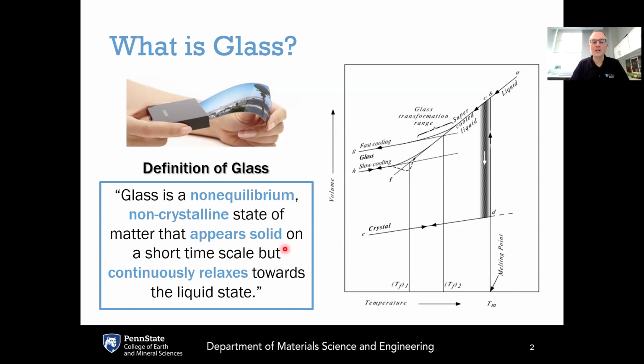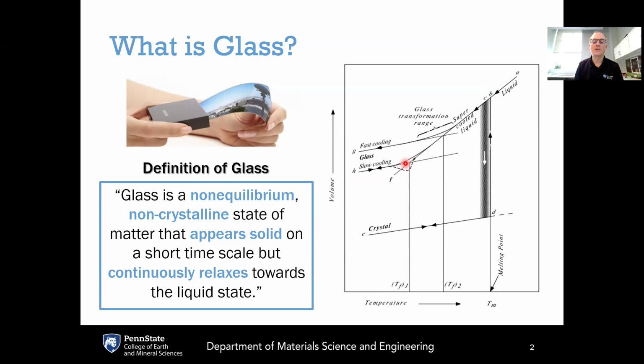So that's what it means by saying that it appears solid on a short time scale, but it continuously relaxes towards the liquid state. If you wait long enough, if you give the system enough time where the kinetics can actually happen, over a very long period of time the structure of the glass will rearrange itself to approach that of the supercooled liquid. As the glassy state approaches the supercooled liquid state, it is getting closer to its metastable equilibrium.